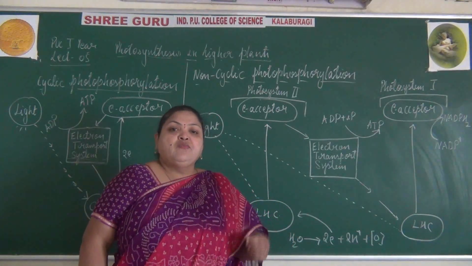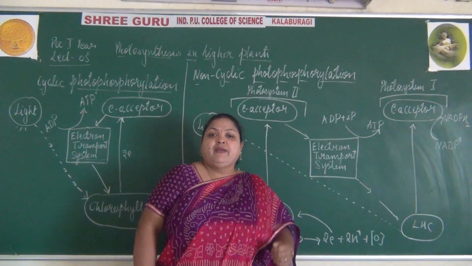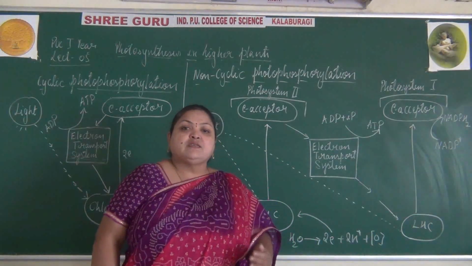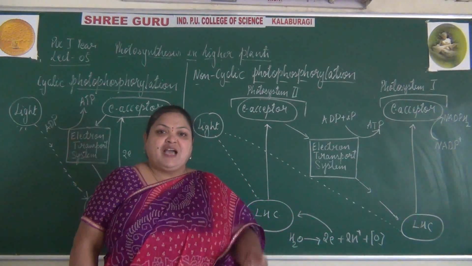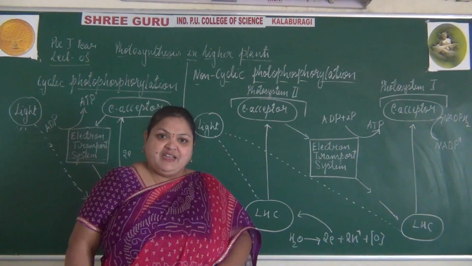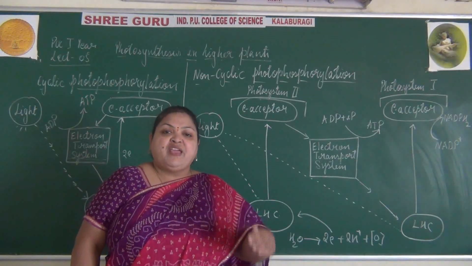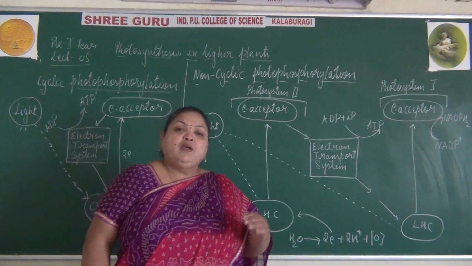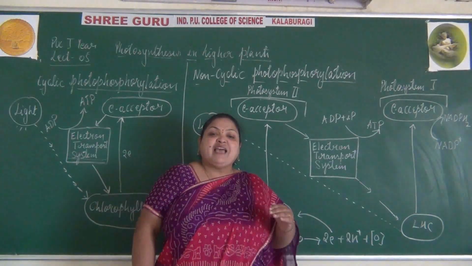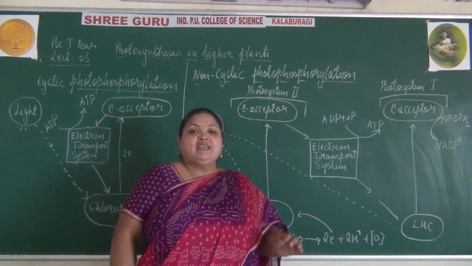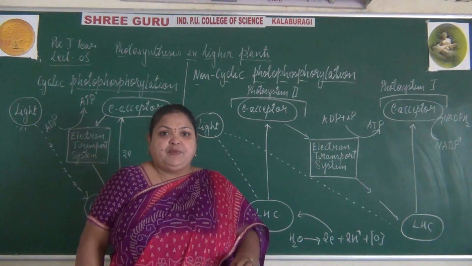Now, in photoexcitation of chlorophyll molecules, when the light falls on the pigment molecules, they get photoexcited and release the electrons. As they get charged, they release the electrons, and the electrons pass to the common reaction center. From the common reaction center, it is accepted by an electron acceptor known as the primary electron acceptor.